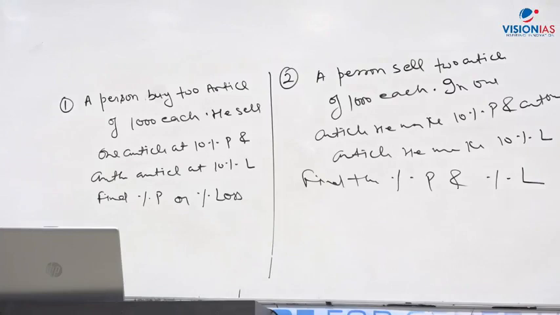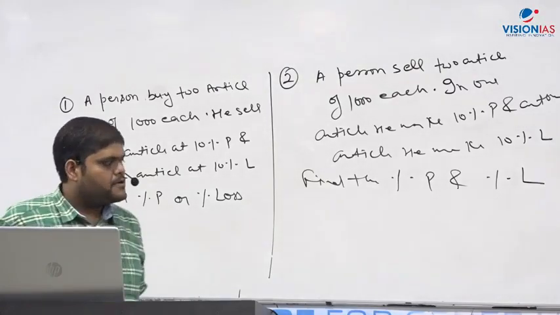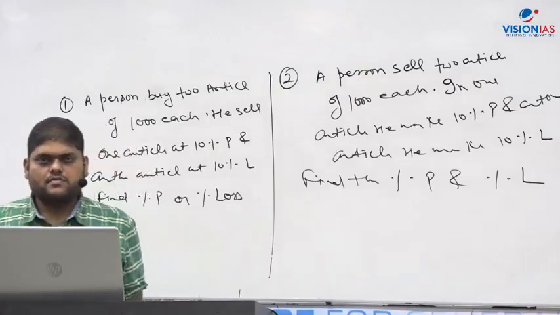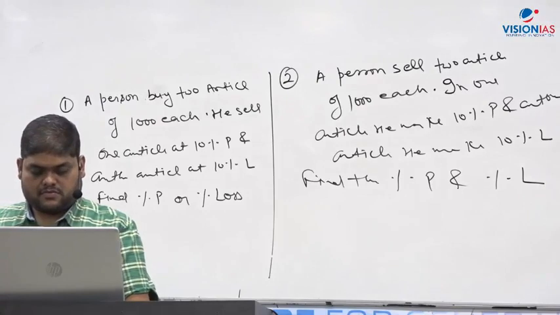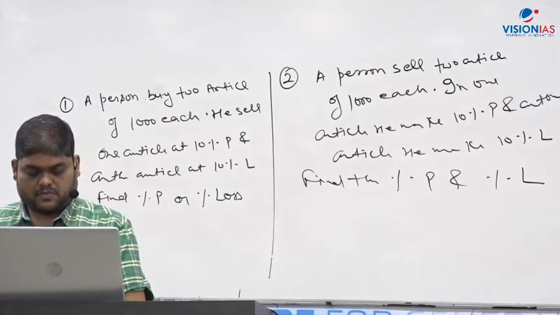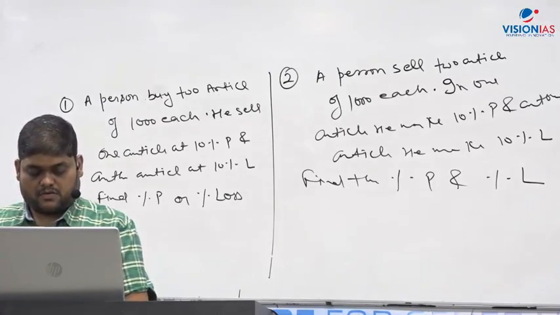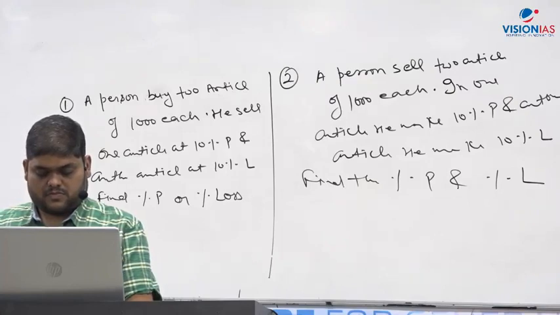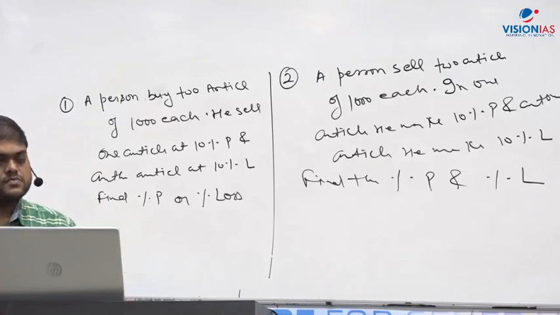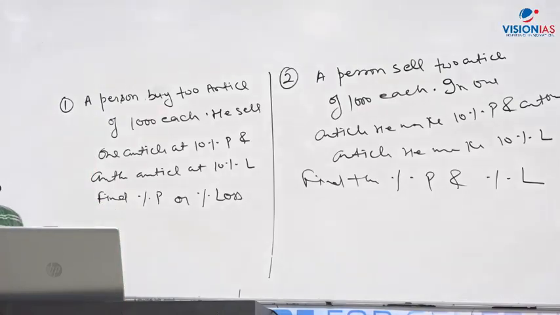Just think about both the questions. A person buys 2 articles of 1,000 each.